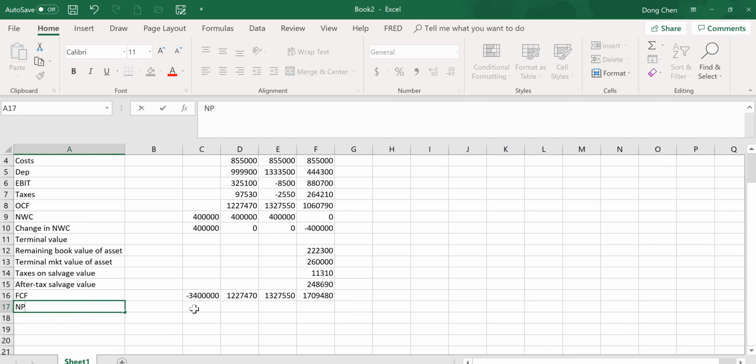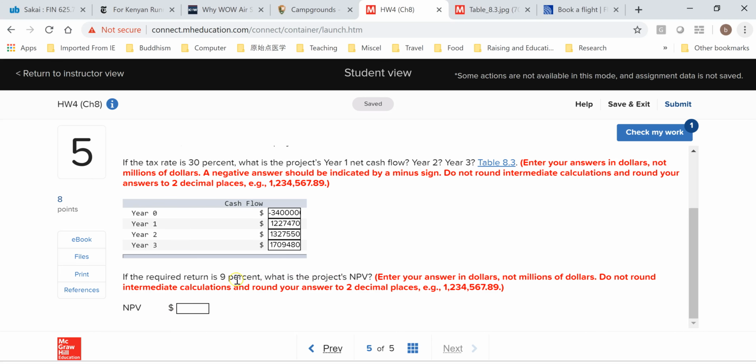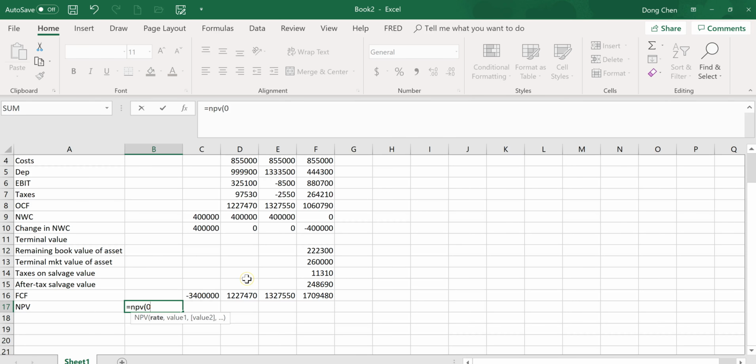In order to get NPV, we can just use the NPV function. What's special about this NPV function is that the first argument here is rate. That stands for the discount rate. The discount rate here is 9%, so we just put 0.09. Starting from the second argument, all these values stand for the cash flows.